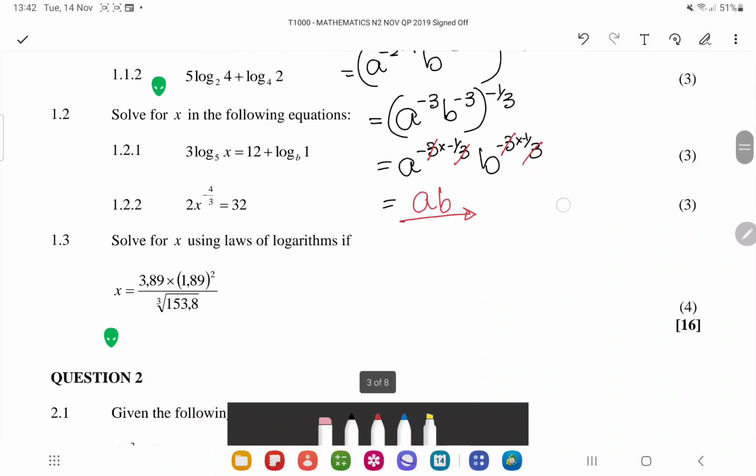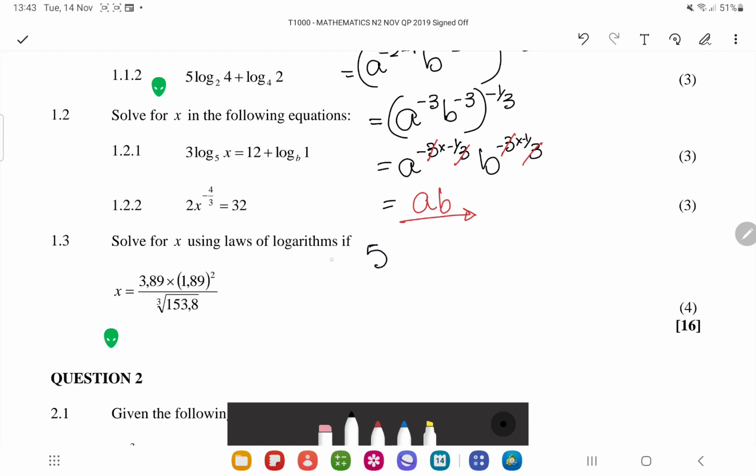Now we go to the next question, which is the logarithm. The question says do not use a calculator. So that will be 5 log of 2 to the base 4, plus log of 4 to the base 2. Remember, it is always important that you use the laws of logarithm each and every time.